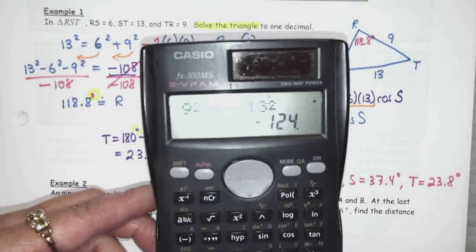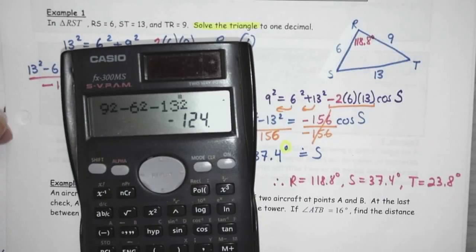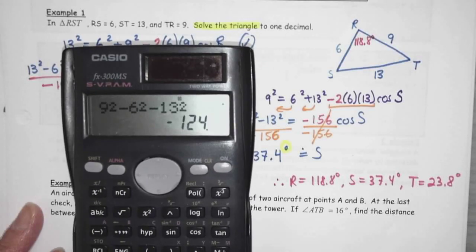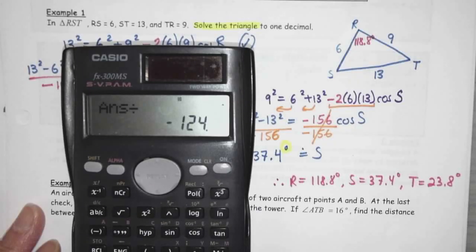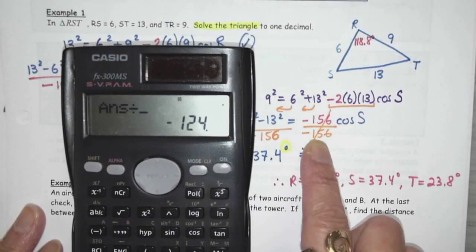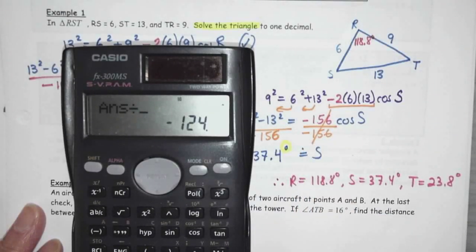For the numerator. Okay, then press divided by, and then 156 is okay? So divided by negative 156 equals, and you should get 0.79.